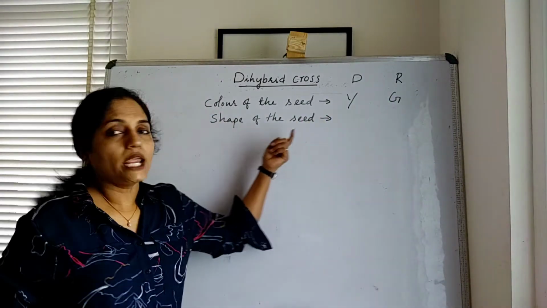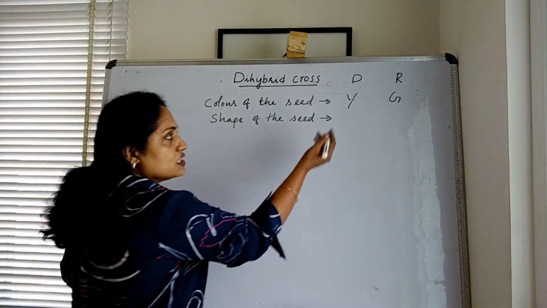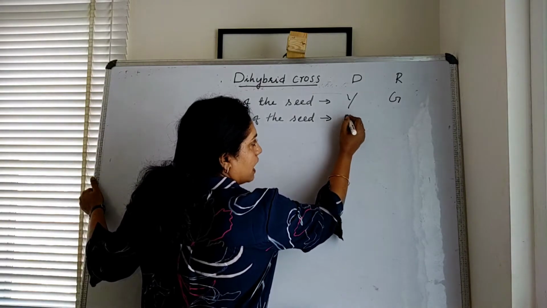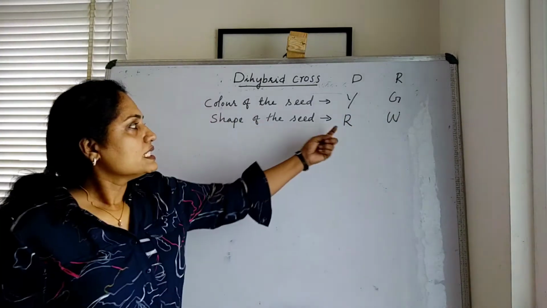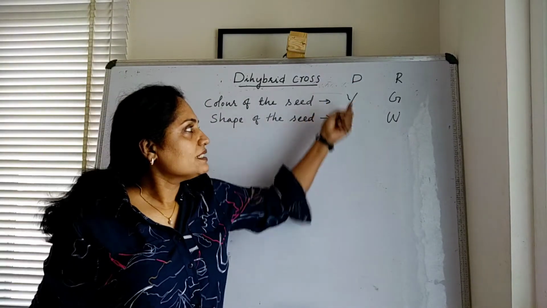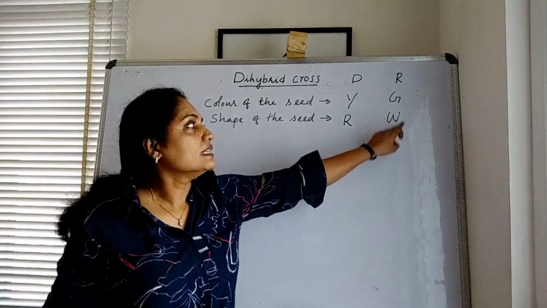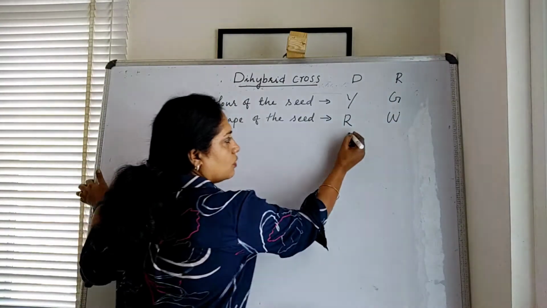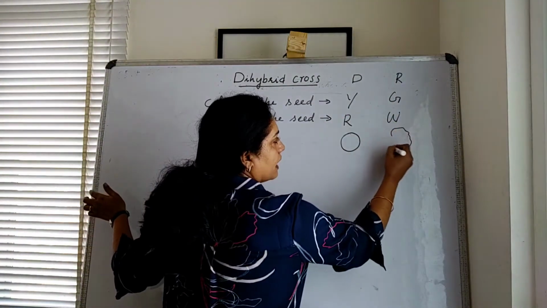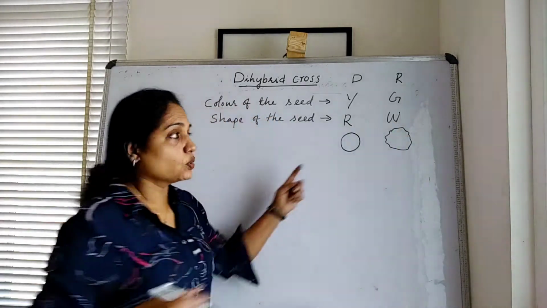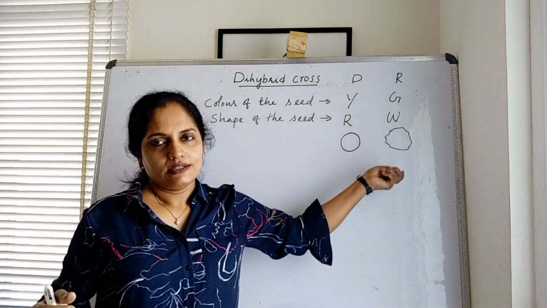In the case of shape of the seed, some of the seeds were round and some of them were wrinkled. Here, round shape of the seed is the dominant trait and wrinkled seed is the recessive trait. Round like this smooth round seed or like this wrinkled seed. So wrinkled seed is the recessive trait here.